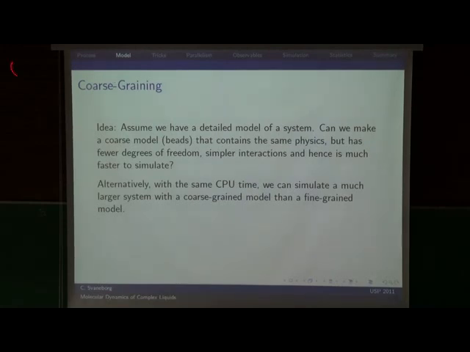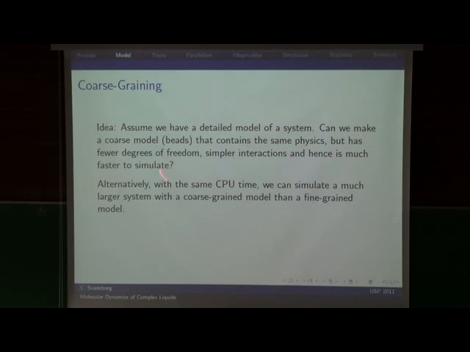Another important thing is coarse graining. The idea is that we assume you have a detailed model of a system. The question is, can we make a much coarser model, based on beads rather than atoms, that contains the same physics as the detailed model? Due to the fact that the coarse-grained model has fewer degrees of freedom and simpler interactions, we can simulate it much faster.